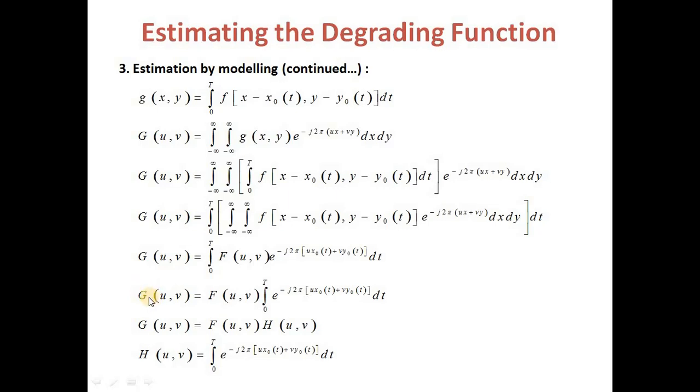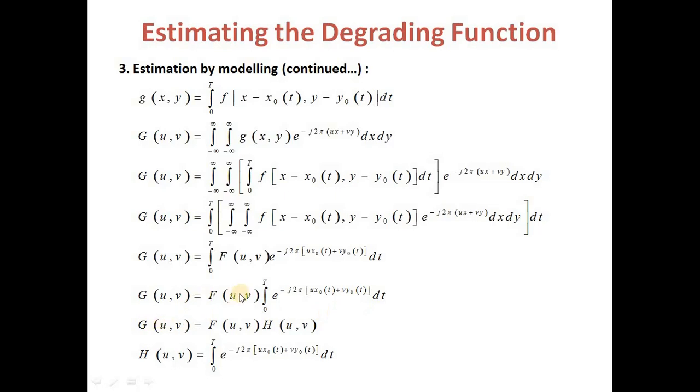Now this capital G of u comma v can be written with F of u comma v taken outside the integral, because this integration is with respect to time and F of u comma v is a function of u and v. This gives you F of u comma v times the integration from 0 to T of this exponential term, integrated with respect to the variable t.